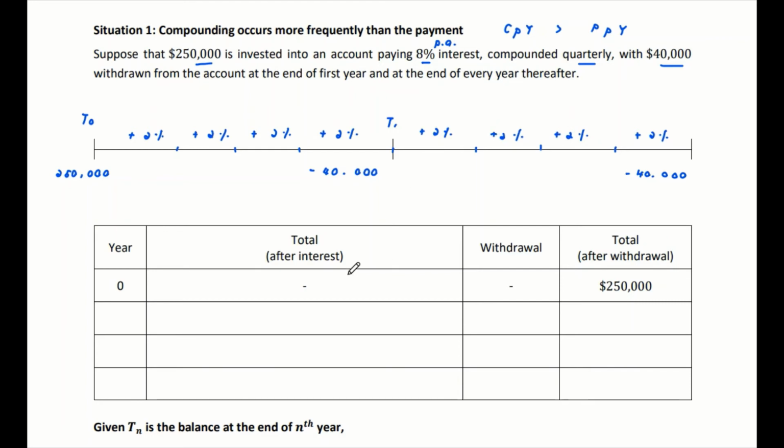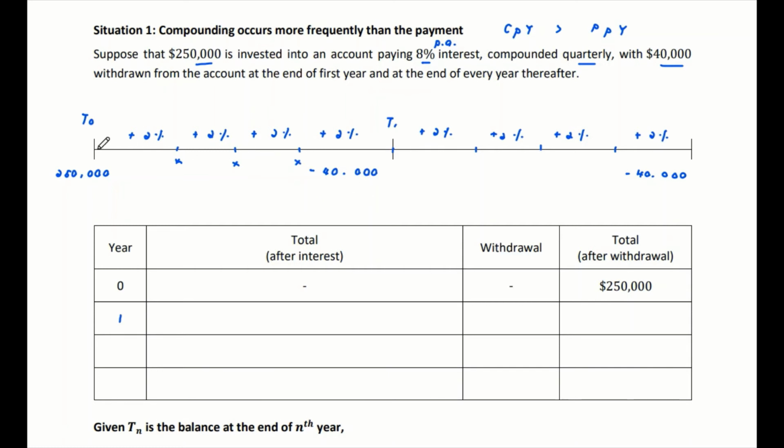Okay, by looking at this, I hope that you see the pattern and it's actually not very hard. So for the first year, we are still going to look at the situation from a year, because you are going to include the withdrawal happening, right? So you can imagine the total interest that you earn throughout the year. After 1 quarter, you are going to multiply by 1.02. After another quarter, the amount of money that you have over here is going to multiply by another 1.02, another 1.02, another 1.02, right?